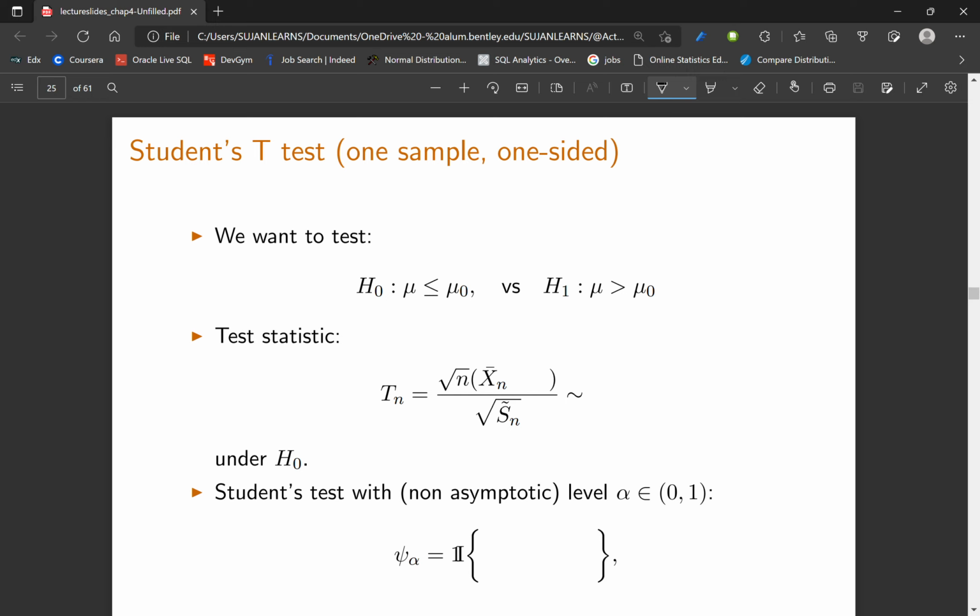This is different from one sample and two-sided, where the null hypothesis was mu equal to mu 0. That's the difference between one-sided and two-sided tests.